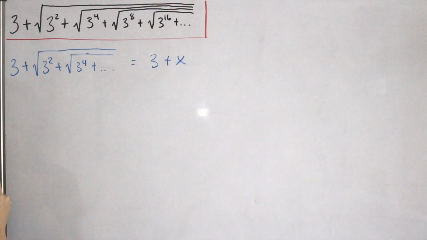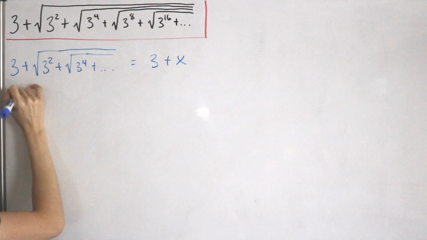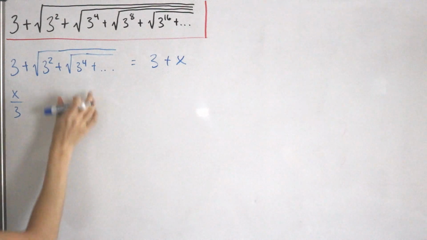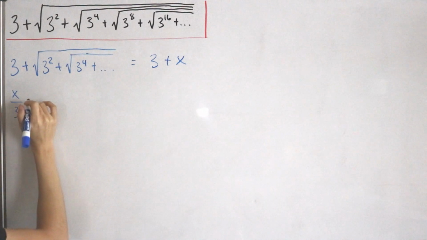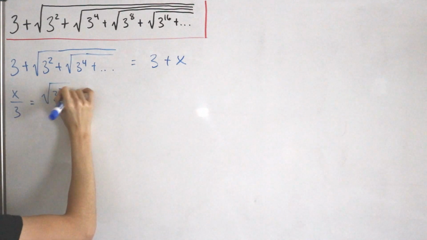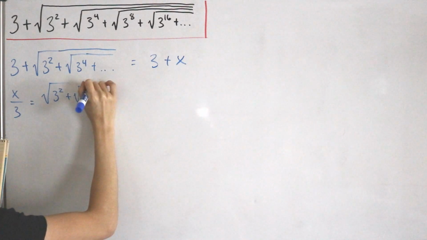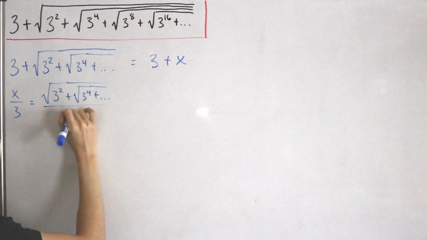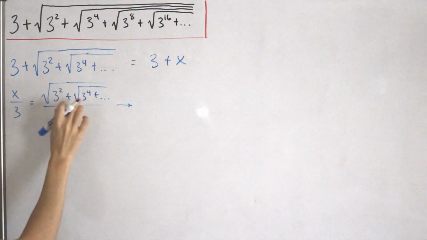So if we take a look at things a little bit interestingly, suppose I were to divide x, our nested radical that we're considering carefully, by 3. That would mean we have 3 squared, then the square root of 3 to the power 4, so on and so forth, all of this being divided by 3.